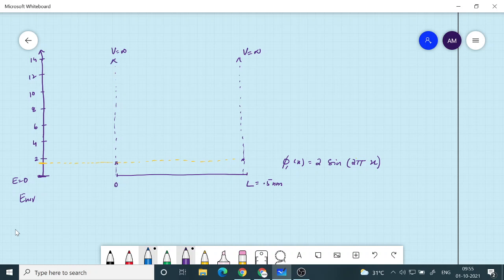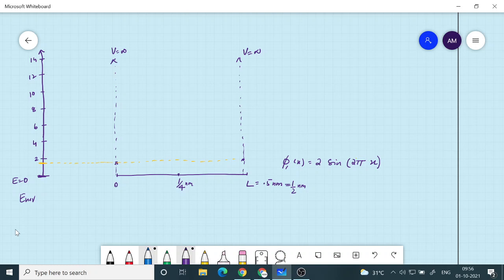And when x is equal to, sorry, not 0.4, it is 1 by 4 nanometer, so this is the middle point, and this is 1 by 2 nanometer.